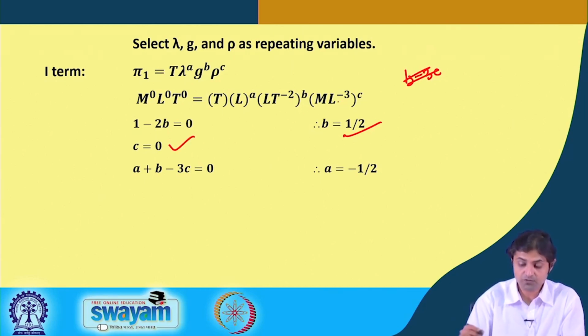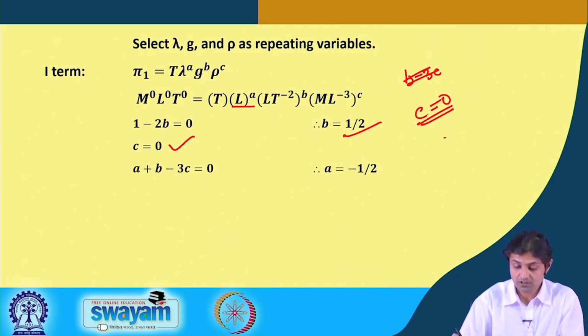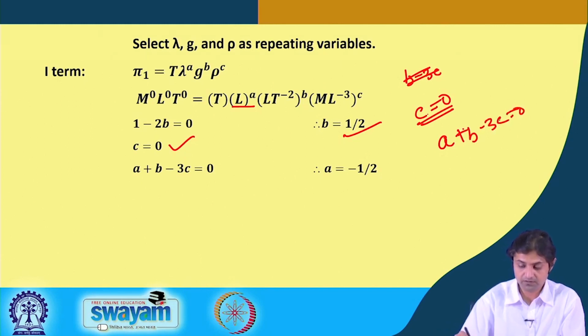We equate m to the power 0. So, m is only in one term, right. So, m to the power c, therefore, c is equal to 0, and to equate for L to the power, it will be a plus b minus 3c is equal to 0, correct.